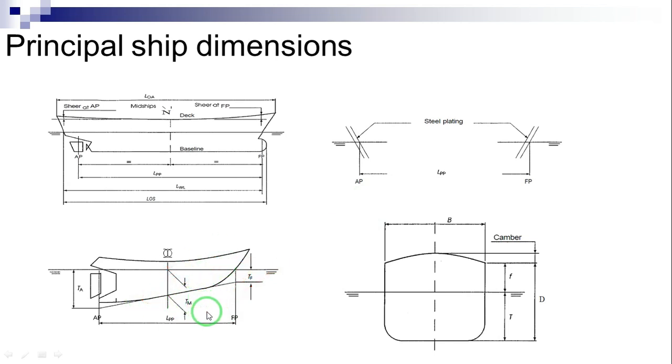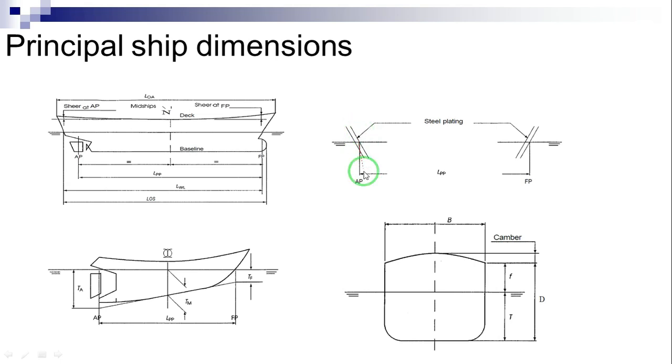Note that AP is typically defined as the vertical line passing through the rudder post as shown here. However, in case of naval ships, the battleships, it is customary to define the AP at the after end of the vessel on the design waterline as shown here in this figure.